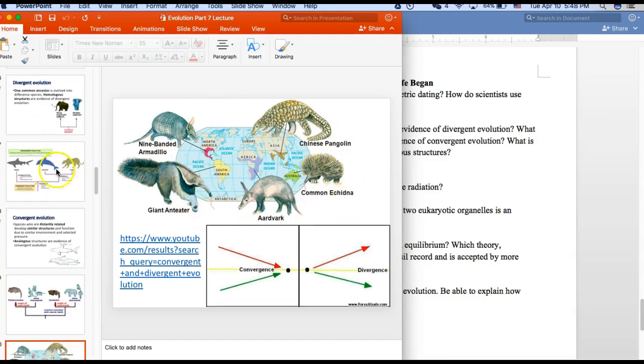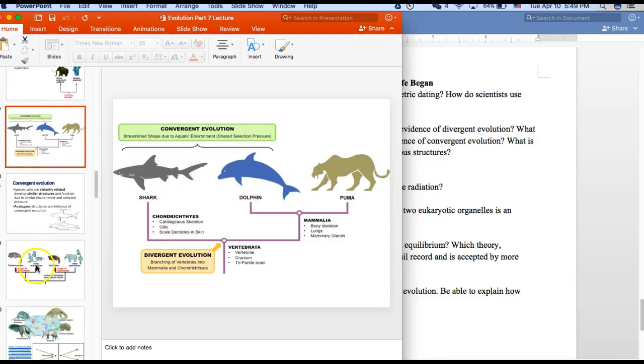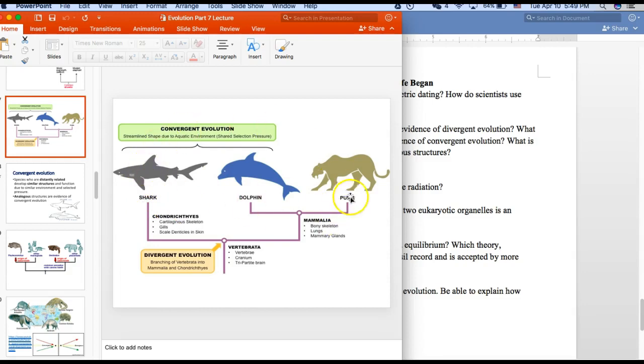How about this one? All three of these species came from the same common ancestor, and so they all have a vertebrae, right? So the formation of vertebrae is an example of divergent evolution because all three of these species diverged from the same common ancestor.